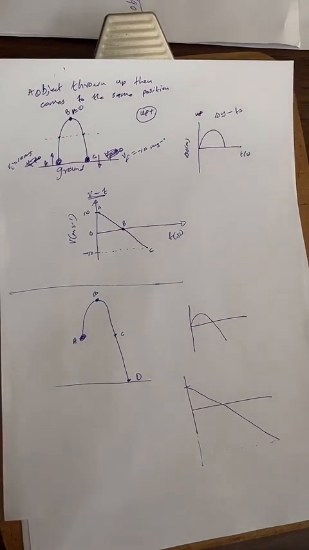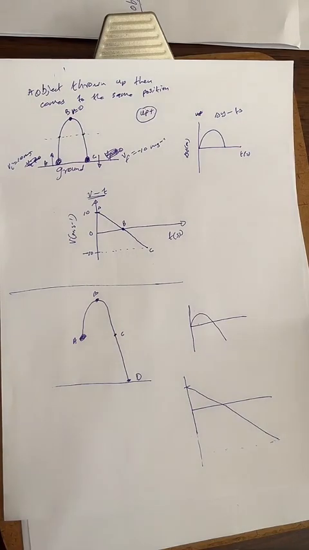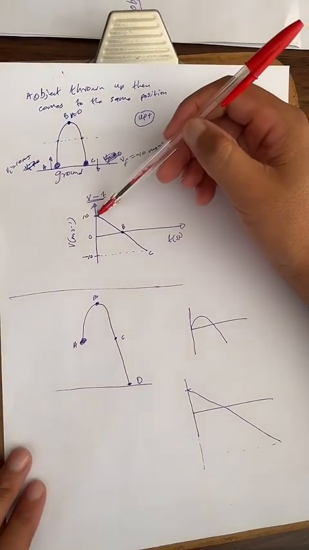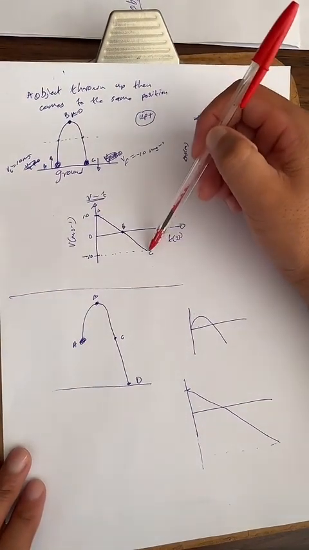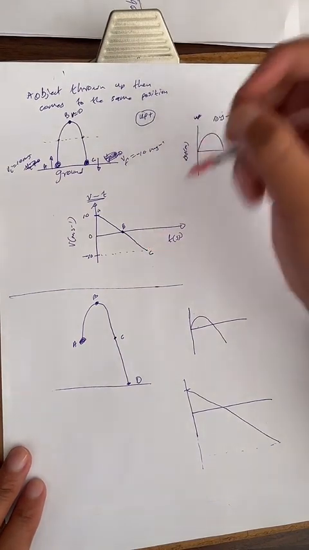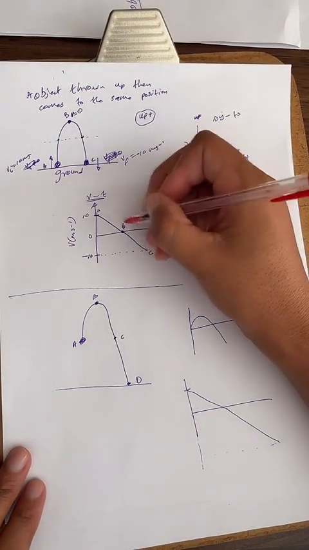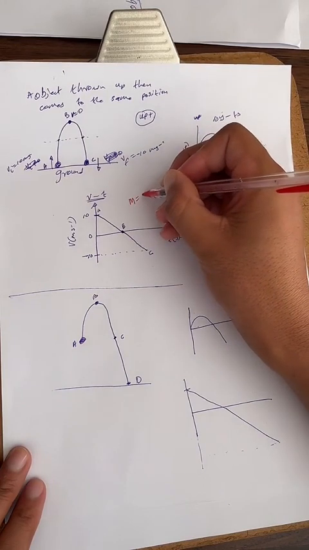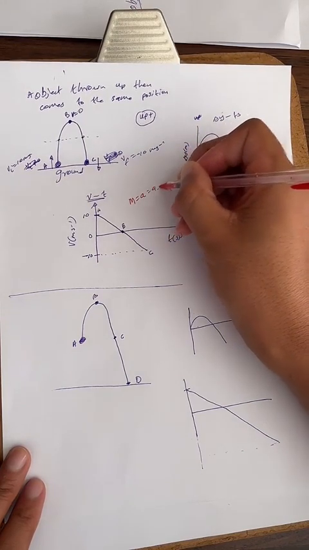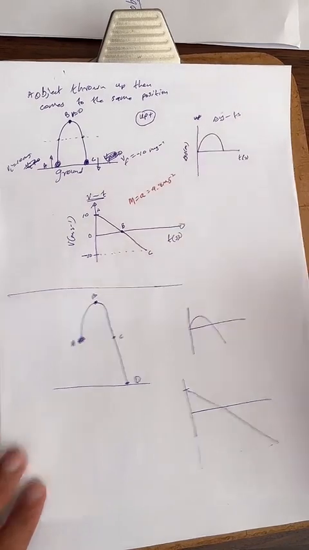Now let's address again the issue talked about earlier of acceleration, area and gradient. The gradient of this graph must be 9.8, still acceleration. So the gradient of this graph is acceleration, which is 9.8 meters per second squared.